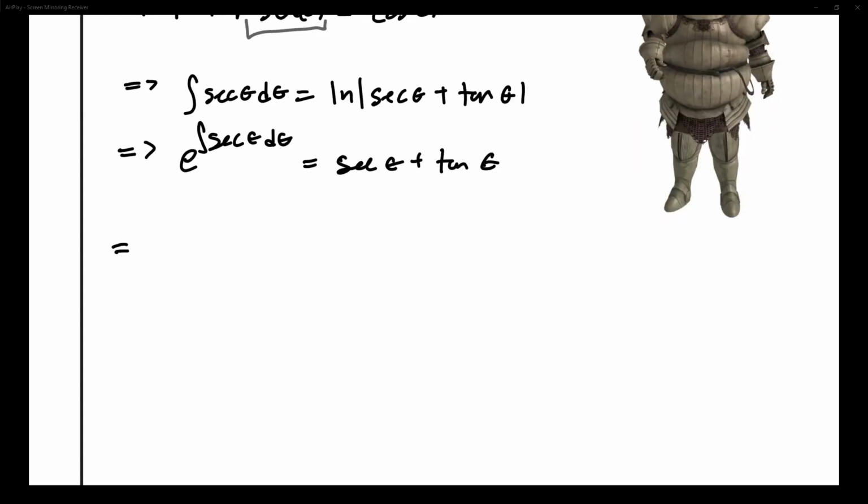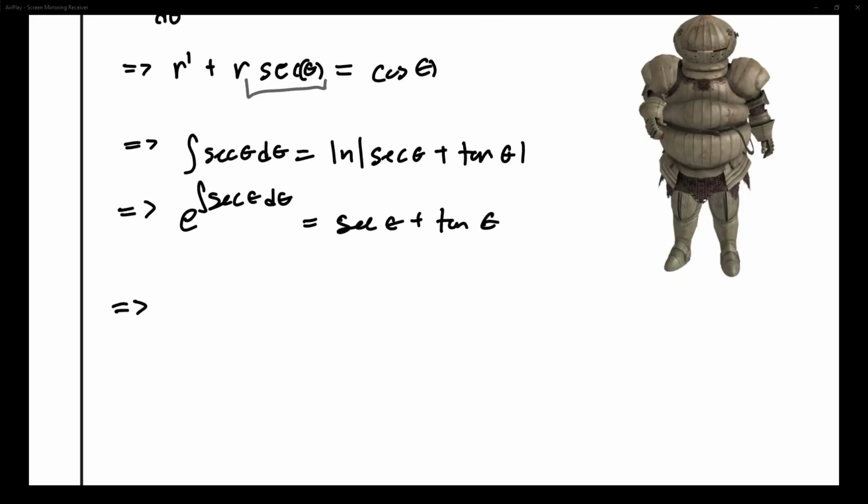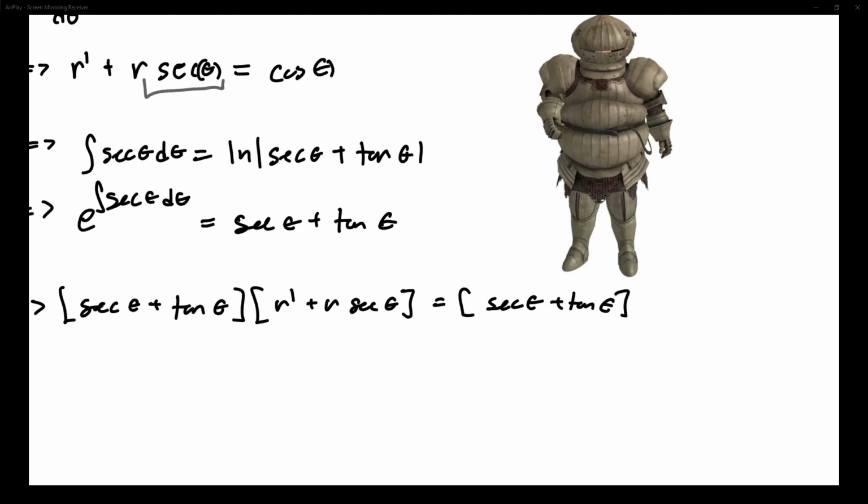Step 2 is to multiply the integrating factor to the entire equation. So secant theta plus tangent theta times r prime plus r secant theta equals secant theta plus tangent theta times cosine theta.